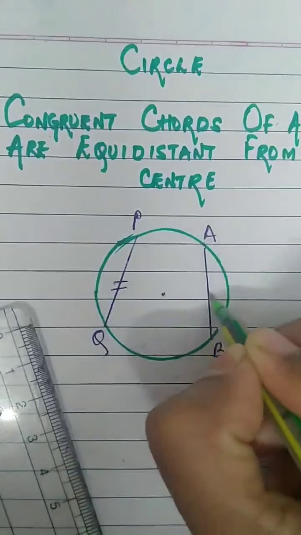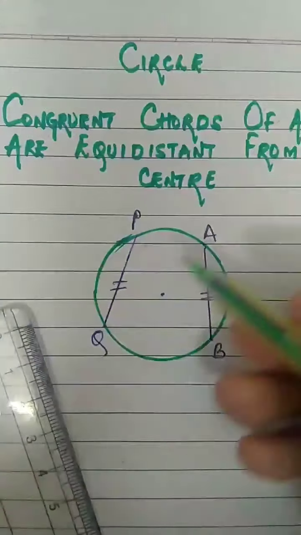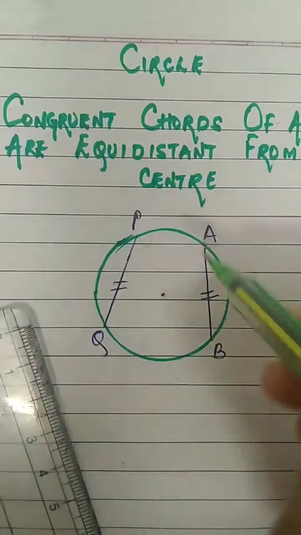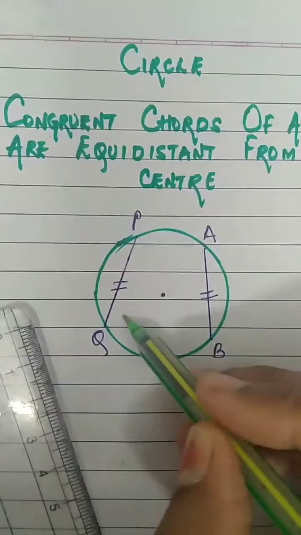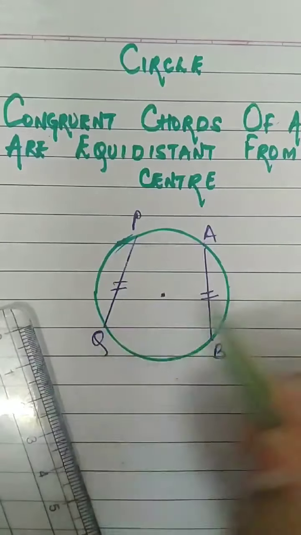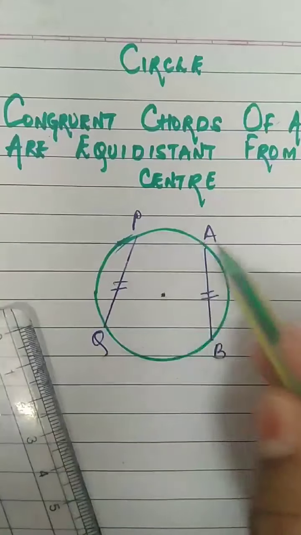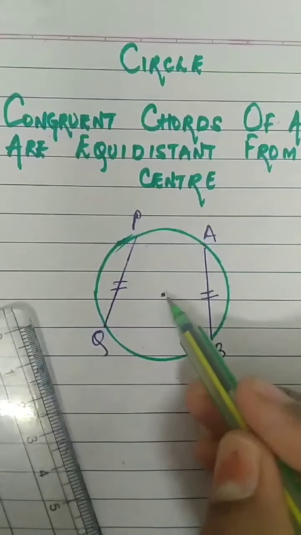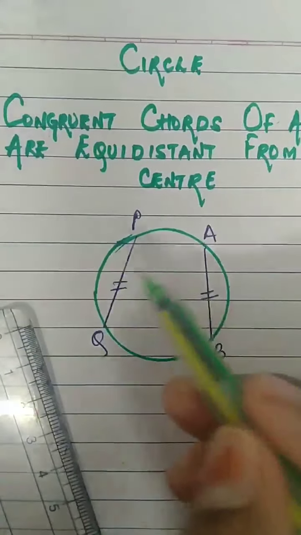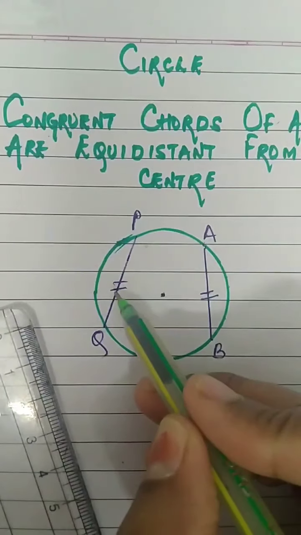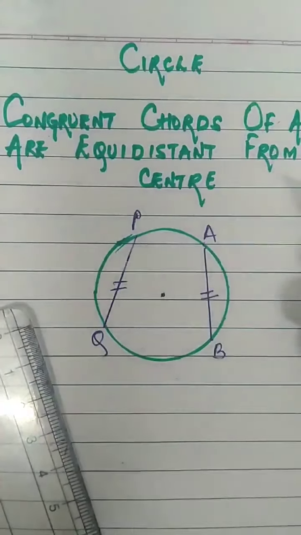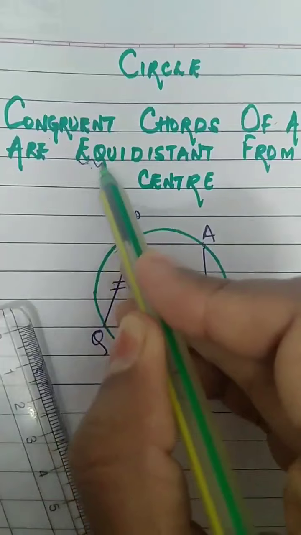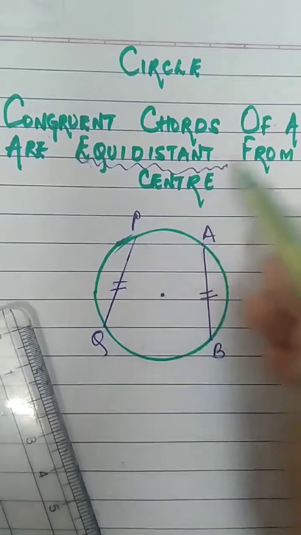So whenever you have two chords which are congruent in a circle, two chords of equal length, if two chords are congruent in a circle, then its distance from the center will also be the same. That's why we are using the word equidistant.